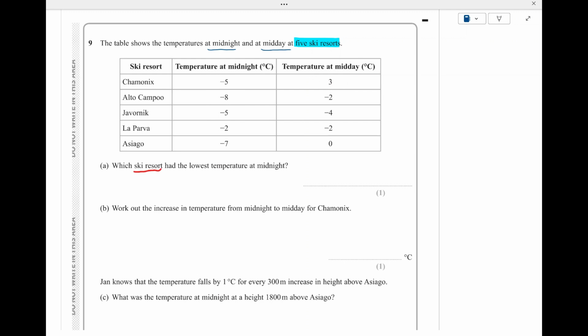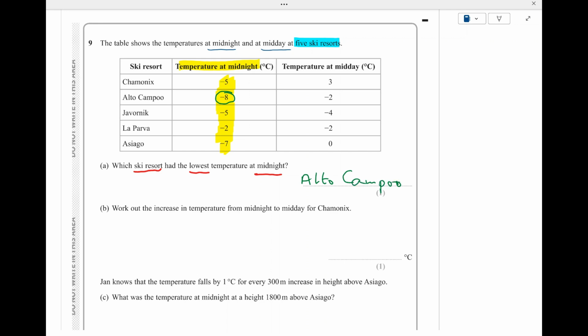Which ski resort had the lowest temperature at midnight? So we're interested in the temperatures at midnight, and we want which ski resort had the lowest one. Well, the lowest temperature there is -8, and that was this ski resort.